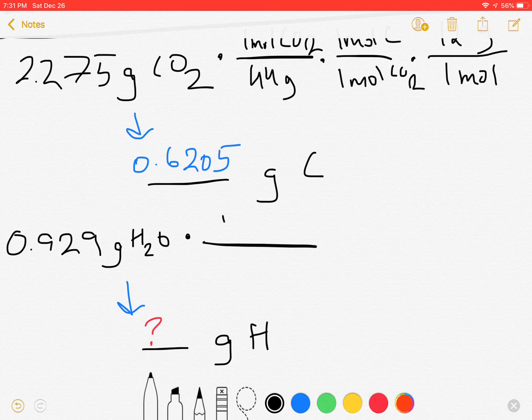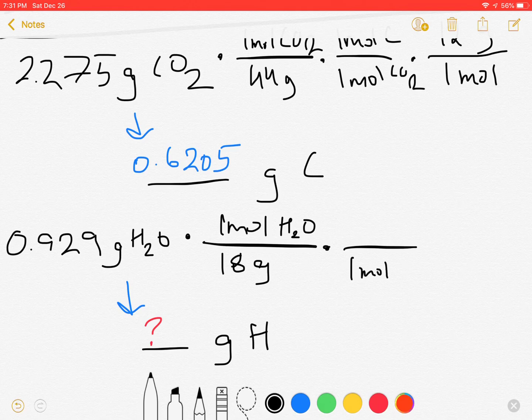So we multiply this by 1 mole of H2O has 18 grams inside of it. We want to go from grams of H2O into moles of H2O. And then from there, we go from moles of H2O into moles of H. 1 mole of H2O has 2 moles of H, because right here it's H2, so that's why there are 2 moles of hydrogen.